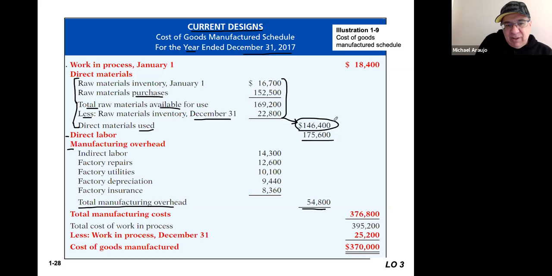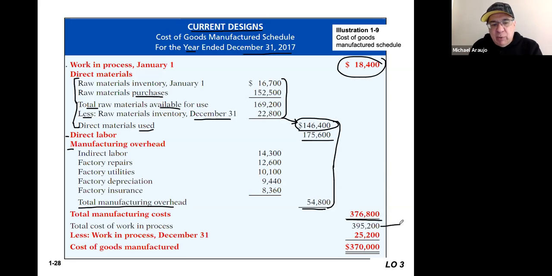When you add direct materials, direct labor, and manufacturing overhead, you get $376,800 in total manufacturing costs for that year. You add it to the work in process, and that gives you total cost of work in process of $395,200.